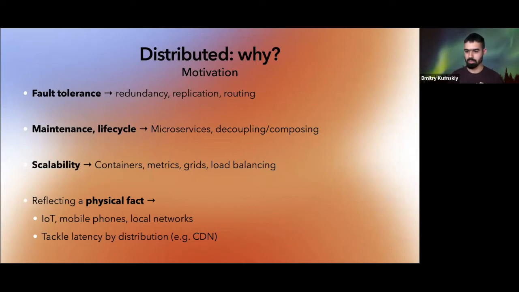They are distributed because, for example, each person has his own laptop, so it's a distributed setup, or mobile phones, or name it. Another case is handling latency by geographic distribution with CDNs. So it's about the physical fact, and also it's about scalability. So that's why I want to be distributed. Cool.